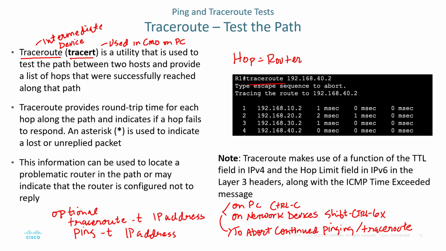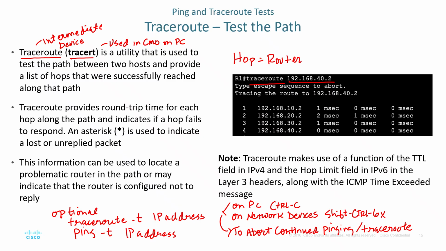So going back up, traceroute provides round trip time for each hop along the path and indicates if a hop fails to respond. Your asterisk is used to indicate a lost or unreplied packet. So in this particular example, you had success. Okay, so if your target was 192.168.40.2, okay, this is who I was trying to reach.